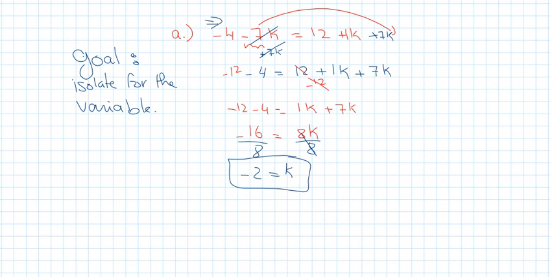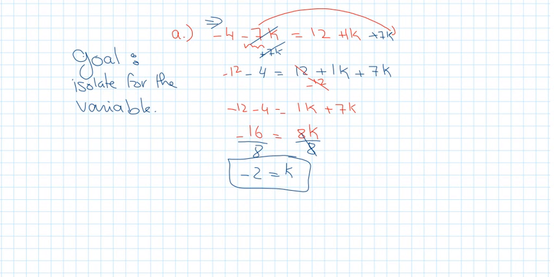I left the letter by itself and I found its value. So k is equal to negative 2. Now, how do I know that my answer is correct? How do I check my work? Because the question says solve and check.